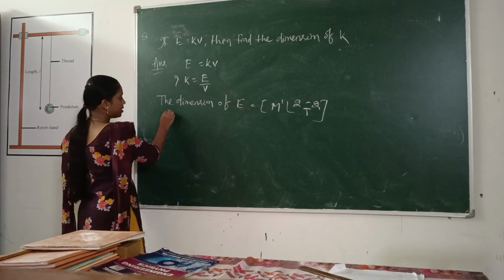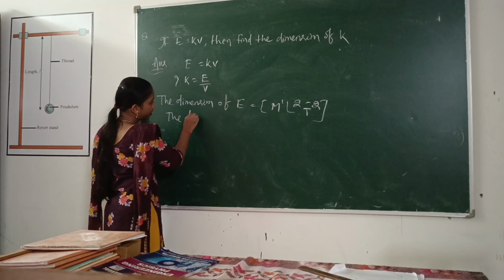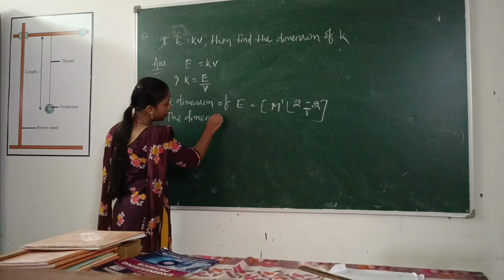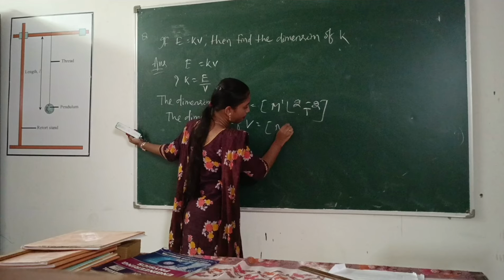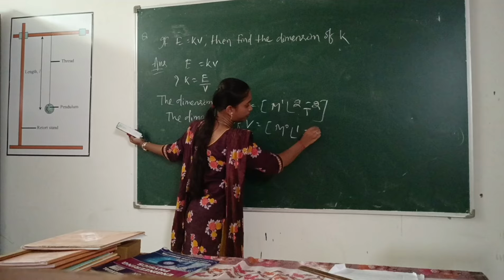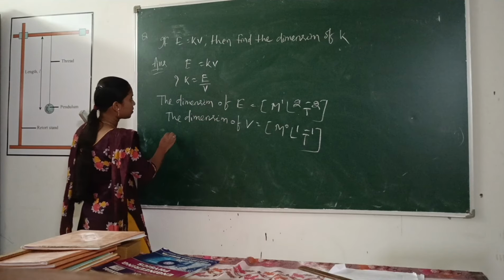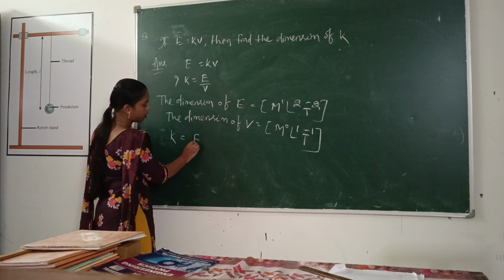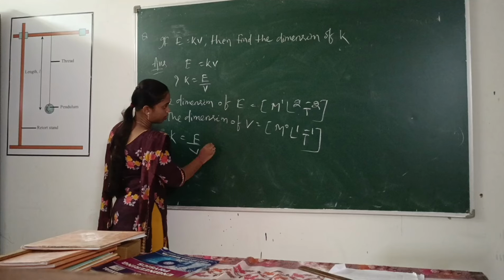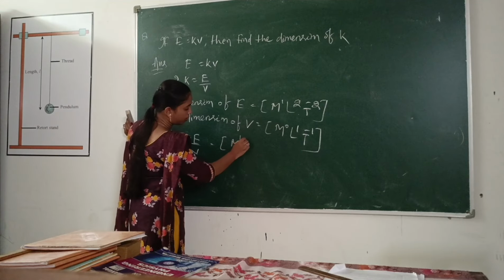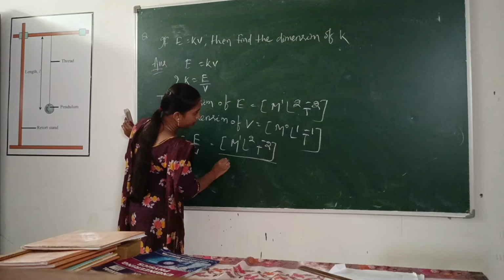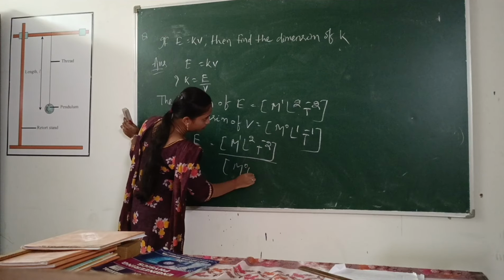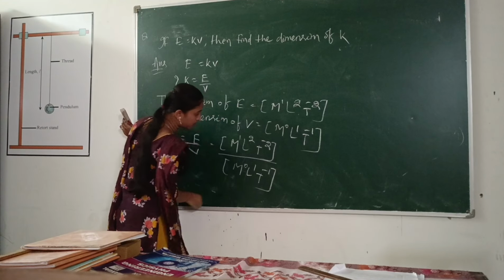Dimension of v, that is velocity, I can write the dimension of v, that is m0 l1 t to the power minus 1. So k is equal to E by v, that is equal to m1 l2 t to the power minus 2 divided by m0 l1 t to the power minus 1.